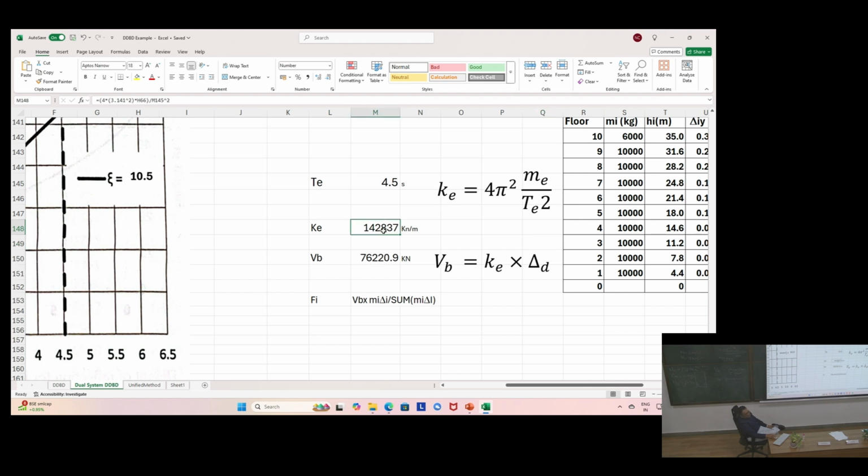This is our equivalent stiffness for our S-DOF system. Ke times delta D is our VB.